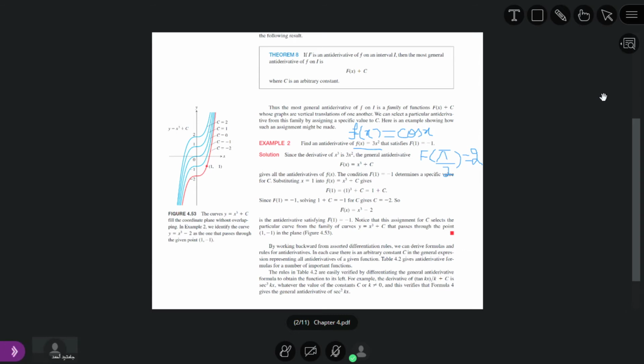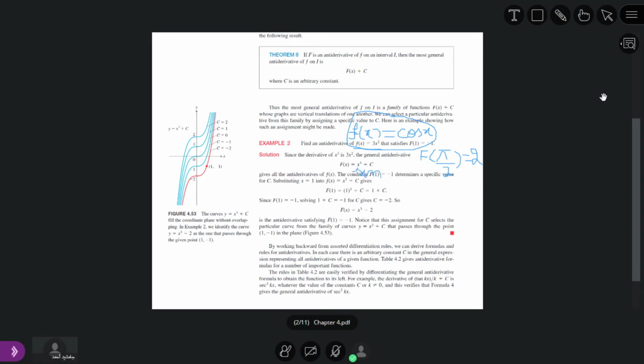Sorry, it is not cosine, it is sine. Check again: the antiderivative of cosine x is sine x. So this will become sine x plus c.